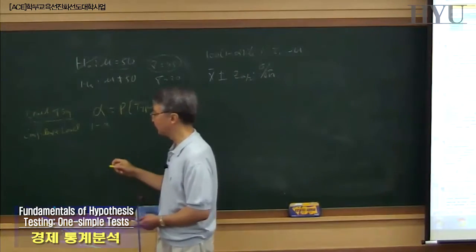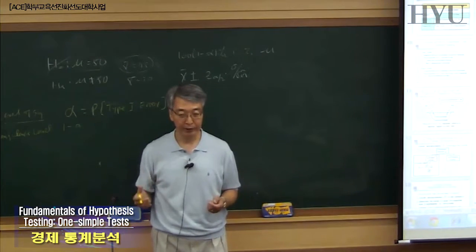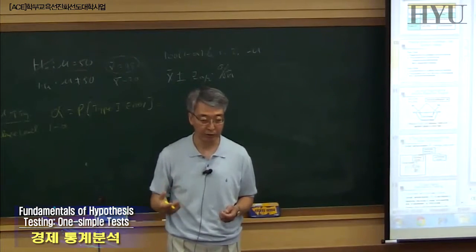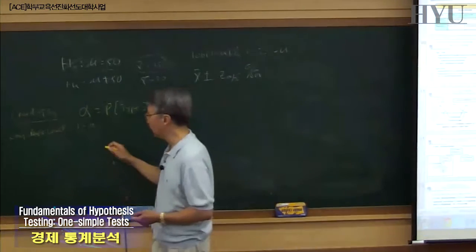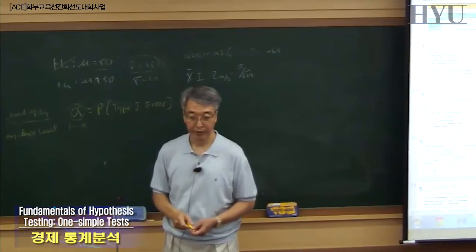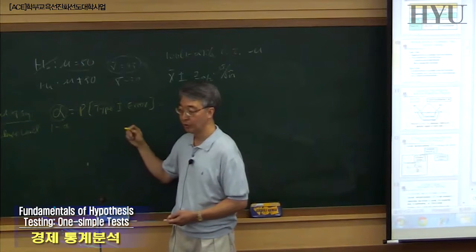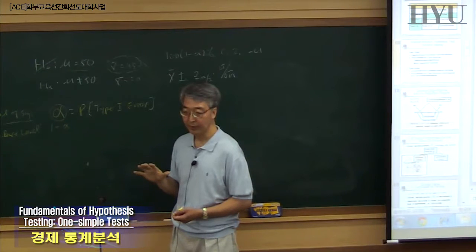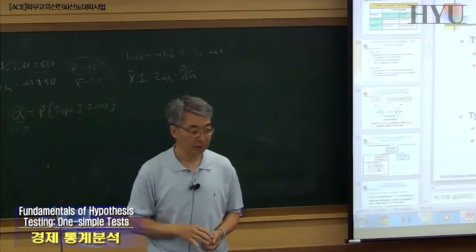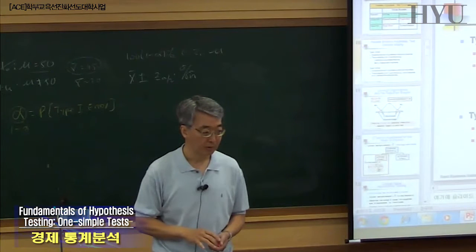So if your conclusion requires, say, 95% confidence, you want to be 95% confident about your conclusion, then your alpha level would be 0.05. In other words, you're setting the probability of committing type 1 error to be 5%. You are willing to accept the probability of type 1 error up to 5% of the times.